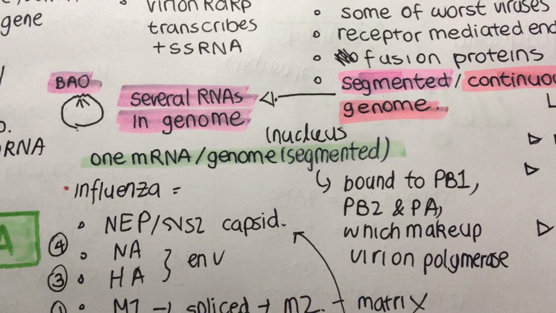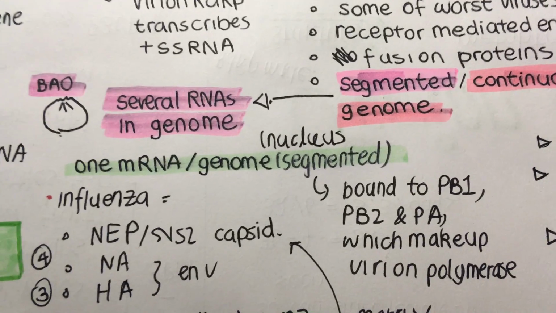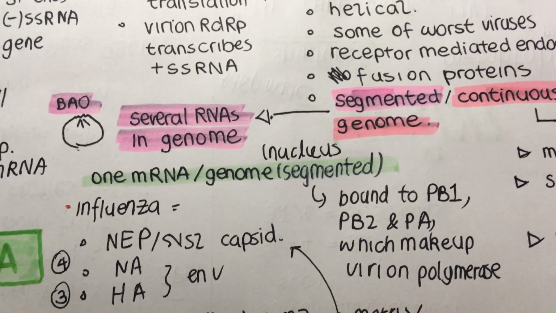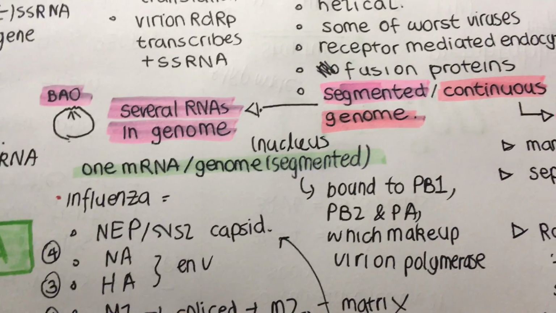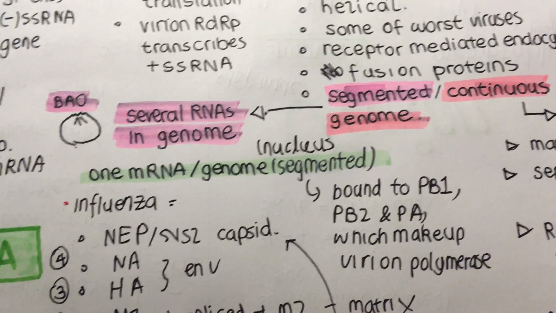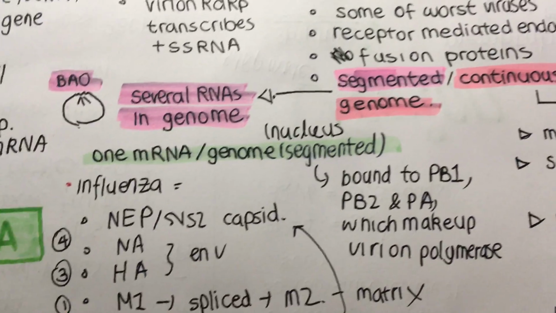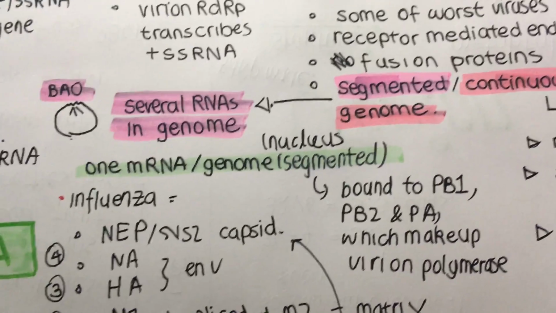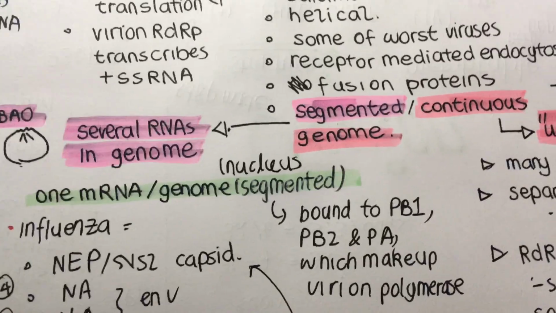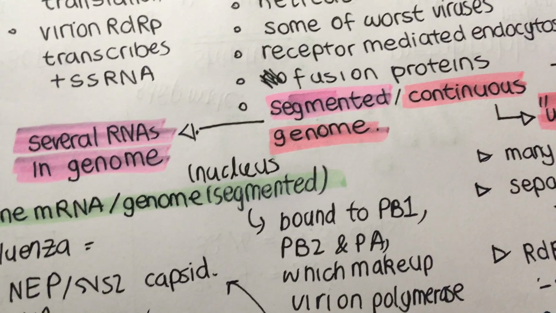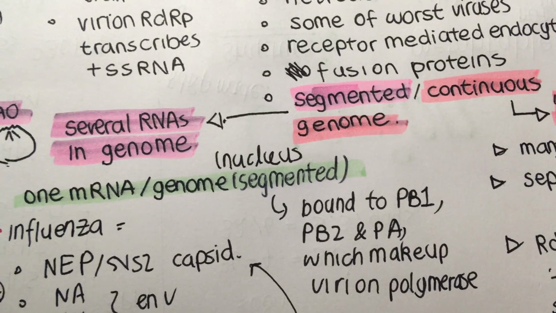However, for the M1 and NS1 protein, which are encoded by 2 segments separately, they can be further spliced using host machinery to make M2 and the NEP protein, which is important in the matrix and capsid respectively.